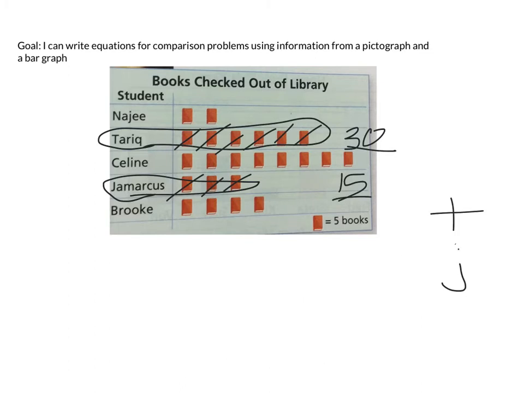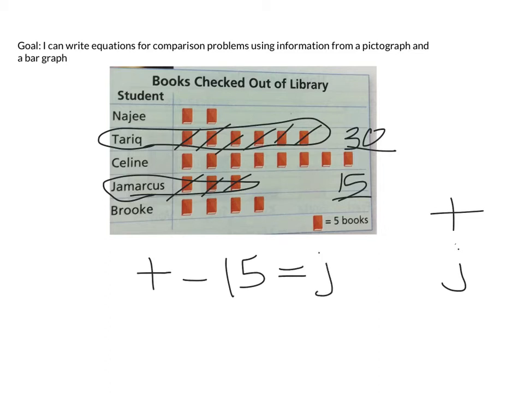Now we need to write a subtraction equation to show the comparison between the number of books Tyreek checked out versus the number of books Jamarcus checked out. So we have to start with the big number. The big number is the number of books Tyreek checked out, so we'd start with T minus 15 is equal to the number of books Jamarcus checked out.